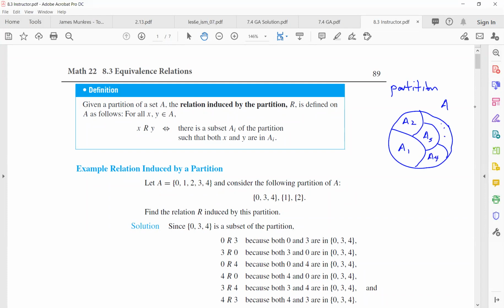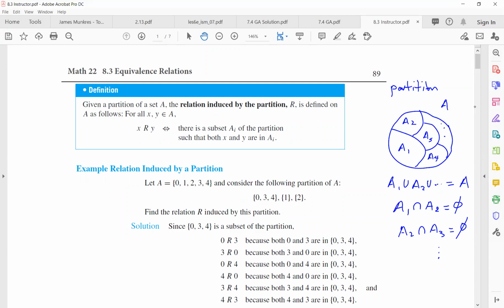If you take the union of these, A₁, A₂, A₃, and so on, it's equal to A, and the intersection is equal to the empty set. A₂ has no intersection with A₃, and so on. That's what we call a partition.